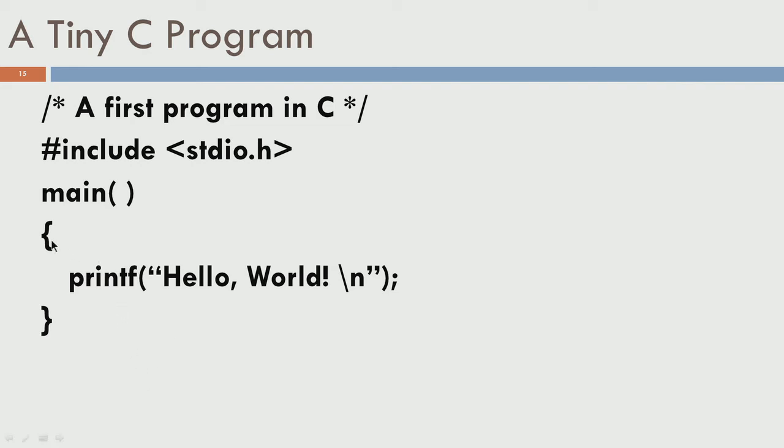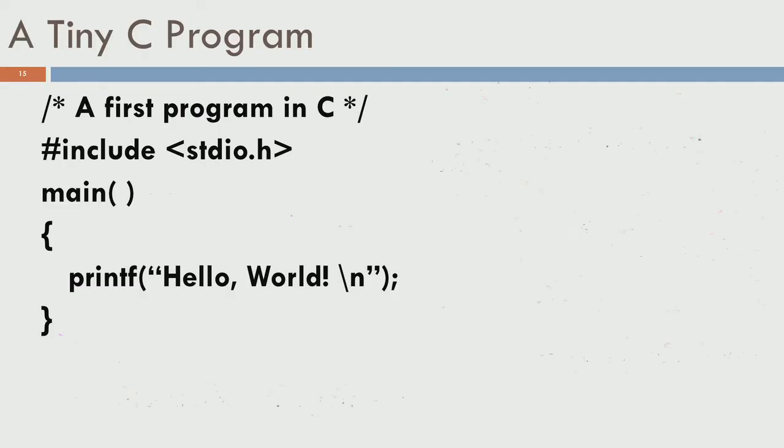So, watch the mouse pointer, we have a function called main, and within the braces we have a single statement called printf, and printf seems to be taking this hello world. So, this has been a custom for a while now, almost every programming language book that you go to will teach you how to printf hello world.